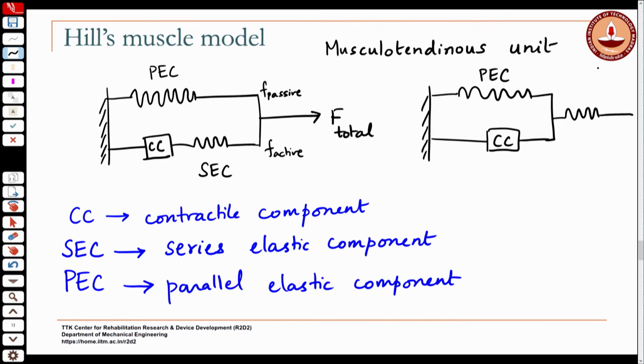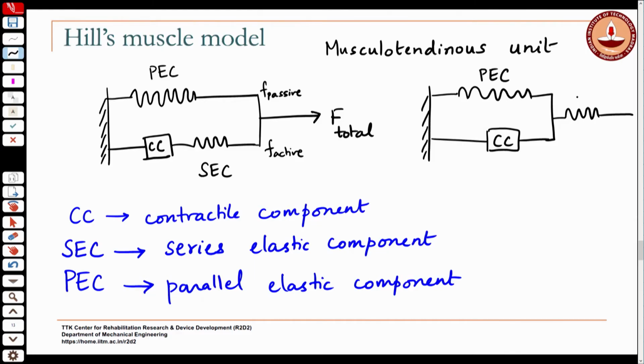So, this represents the structure more closely. You have the contractile component, you have the passive, and then you have the SCC. But typically the contribution of the PEC is lower. So, both types of models are used for modeling the muscle behavior.